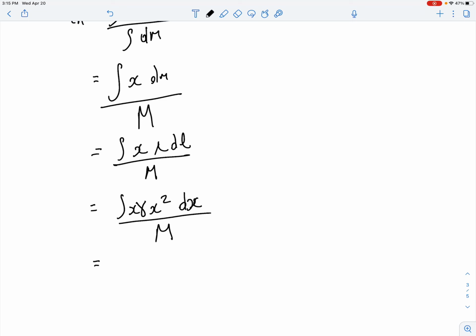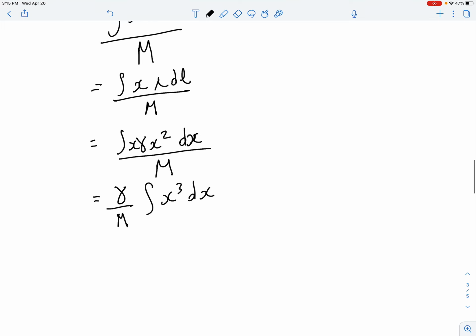And we know that gamma is a constant, so we could put gamma over m outside the integral of x cubed dx. Then we're going to integrate it right now.